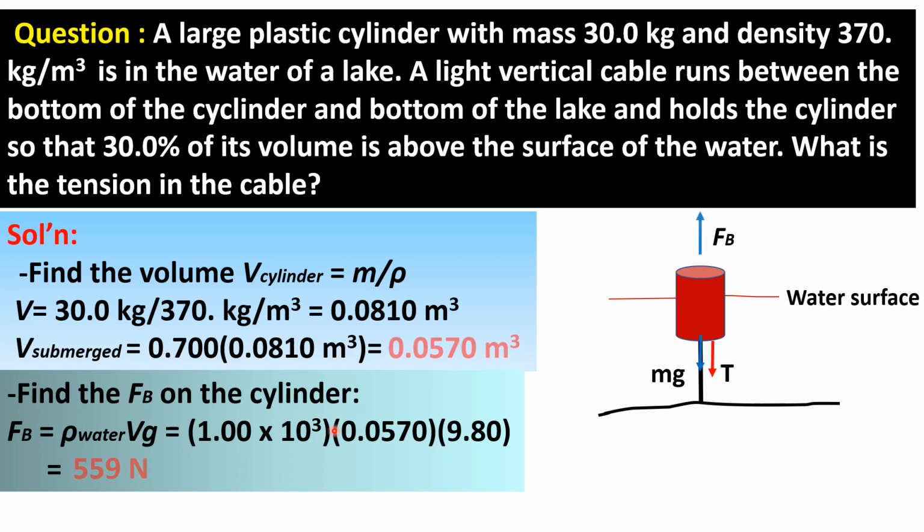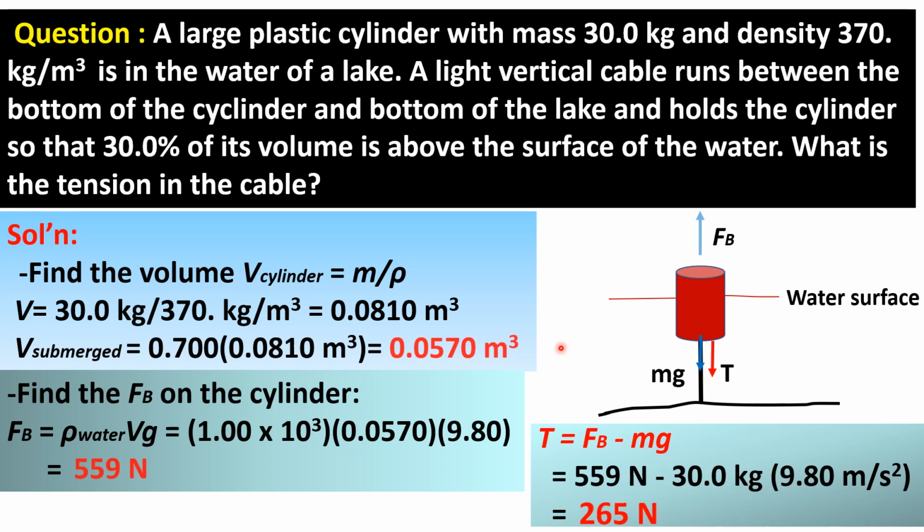And lastly, we now get the amount of the tension force in our diagram. The tension force T can be isolated, so we will have the equation T is equal to the upward force FB minus the force of gravity mg.